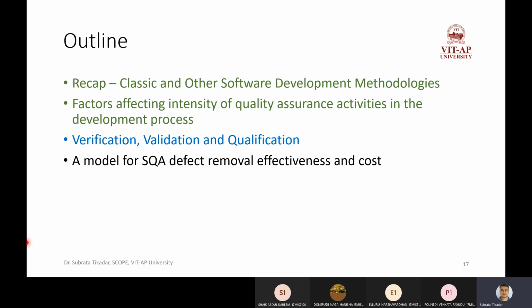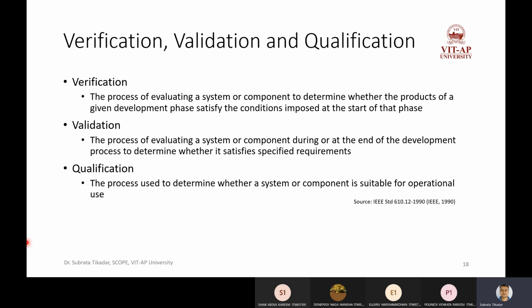Now let us recall 3 more terms. One is verification, another is validation, and the third one is qualification. As per the IEEE standard, verification is defined as the process of evaluating a system or component to determine whether the product of a given development phase satisfies the conditions imposed at the start of the phase.